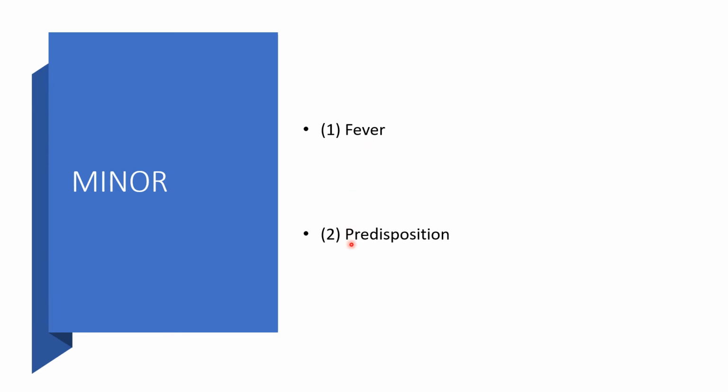Another minor criterion is whether the individual has some risk factors, like the use of intravenous drugs, or there is presence of prosthetic heart valves. If you pick that, that is a criterion, but it is under the minor one.